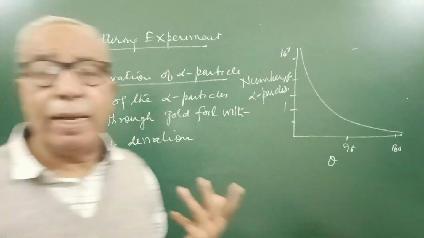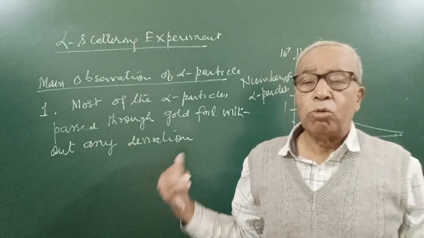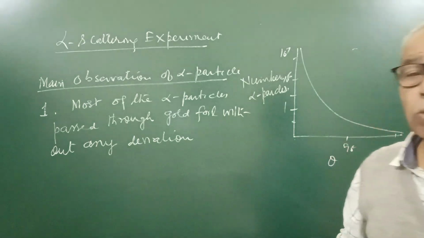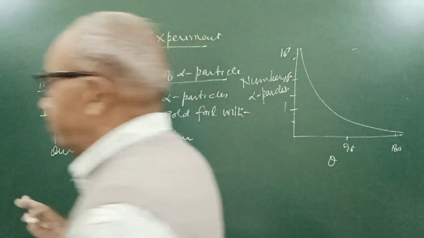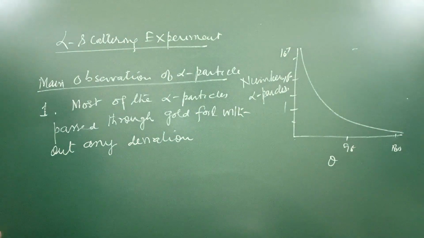Instead of reflecting back, they pass through the gold foil without any deviation. Simple one. The result we will discuss later on.